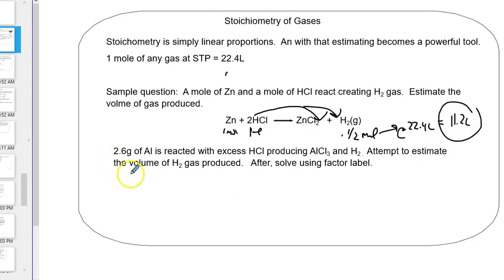Alright, so another one. 2.6 grams of aluminum reacts with excess hydrochloric acid, producing aluminum chloride and hydrogen gas. Attempt to estimate the volume of gas produced, then solve using factor label. Now, one thing you might notice here is we need moles. What does 1 mole of aluminum weigh?